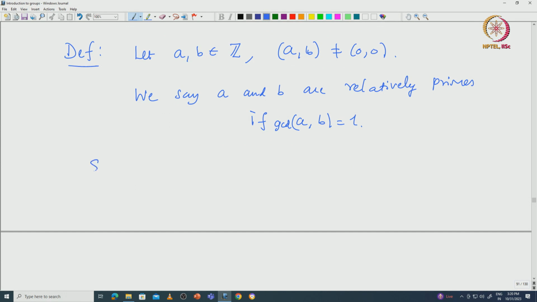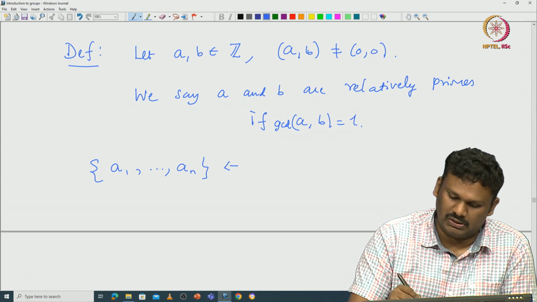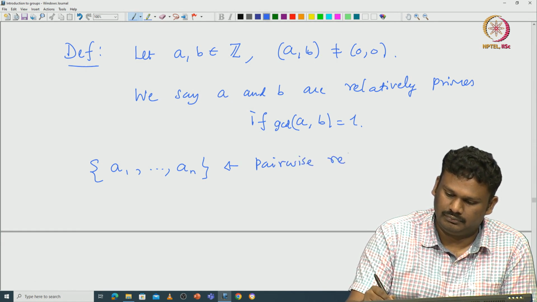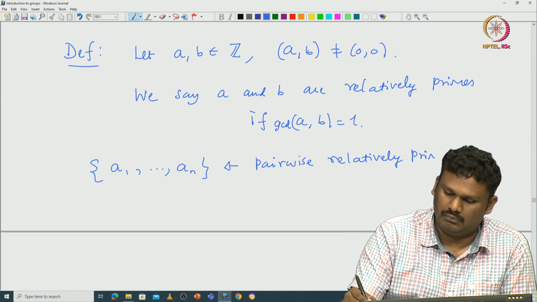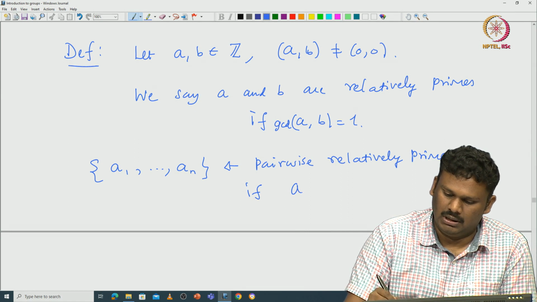Okay. So if you start with integers a1 etc., an, we say this is pairwise relatively prime if you take any two of them, they are relatively prime.